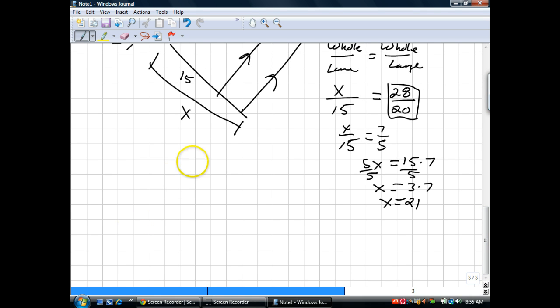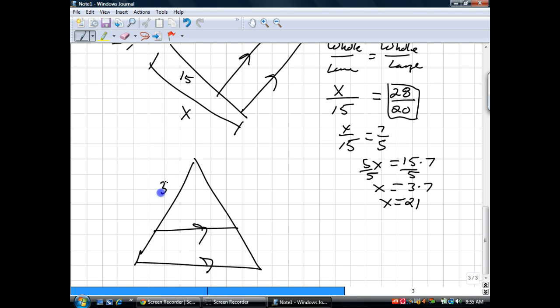Another example, if I have this triangle, and this is parallel to this, so that's the key. I have to have parallel segments. So on this one, I'm going to do large to small over large to small.